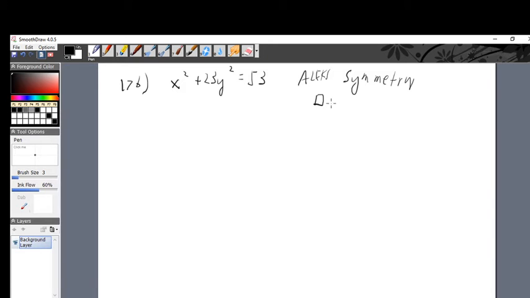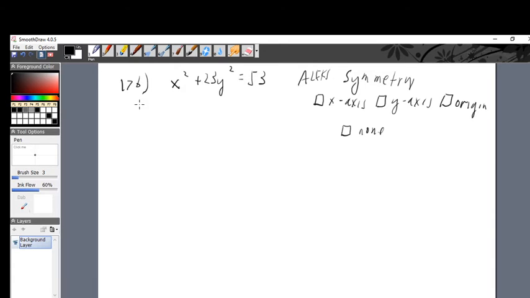They'll ask you about the x-axis, symmetrical about the x-axis, symmetrical about the y-axis, symmetrical about the origin, or the possibility that it's none.